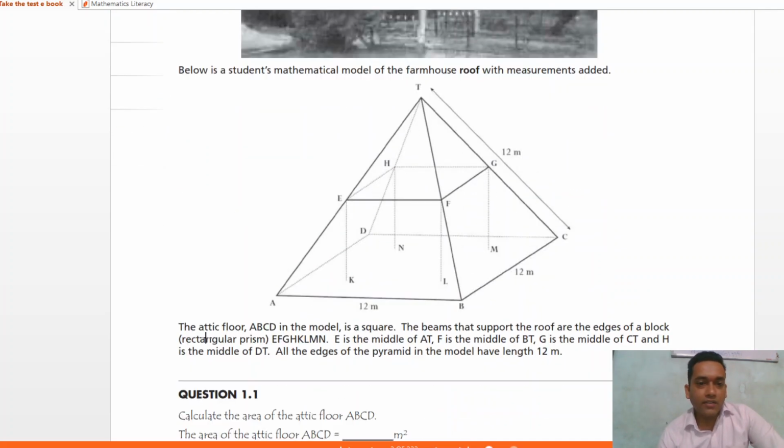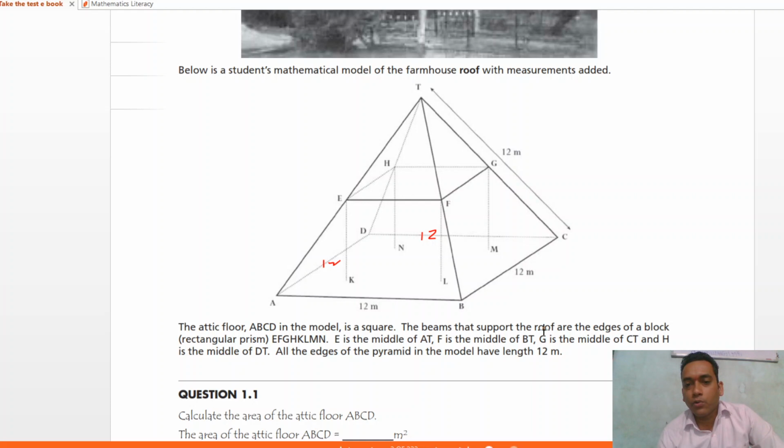What is given here is the attic floor ABCD in the model, which is a square. So all the edges are equal, that is AB, BC, CD and AD are all 12 meters in length.